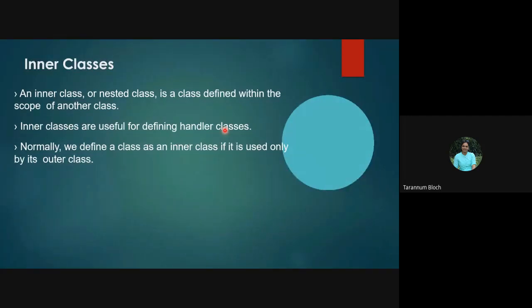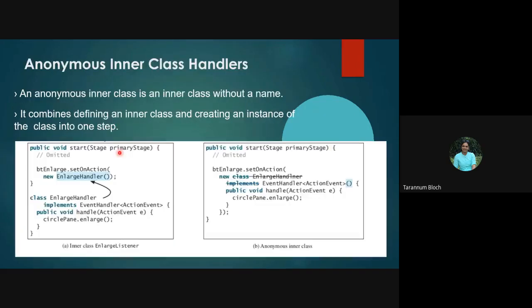Usually, inner classes are useful for defining handler classes, and we define the inner class so that it is used only by its outer class, right? So an inner class is something which is given to the outer class only. That's why we have a class within a class.